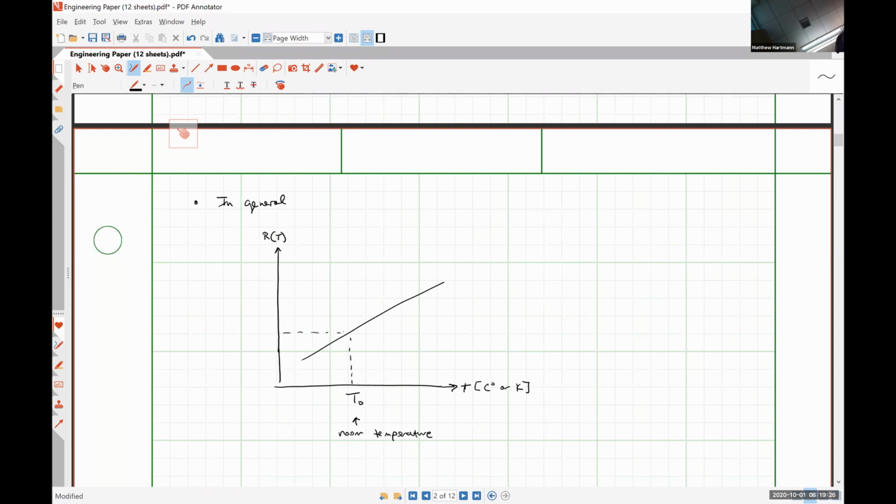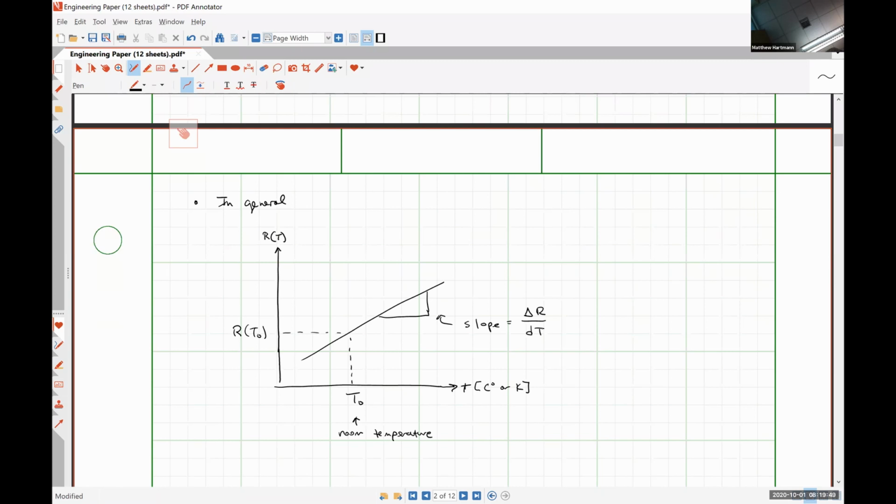And here's the resistance at temperature T naught. The slope of this is the change in resistance with respect to the change in temperature.